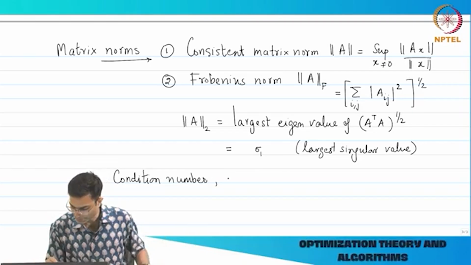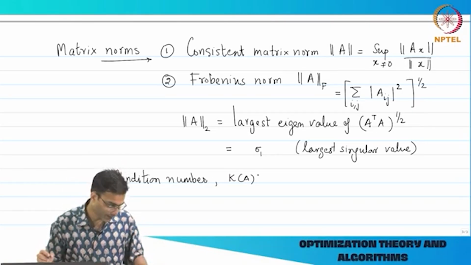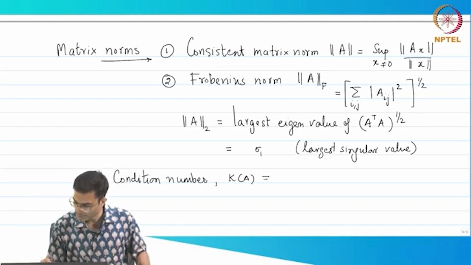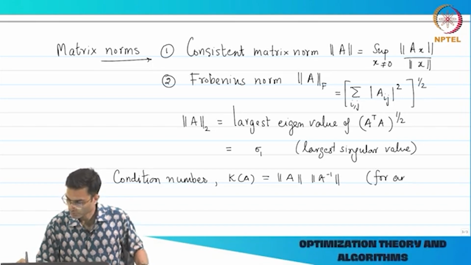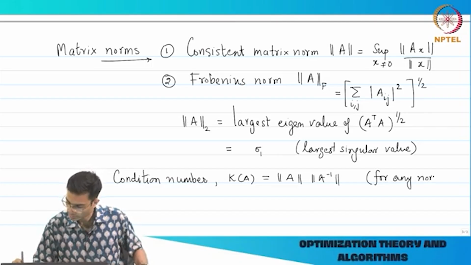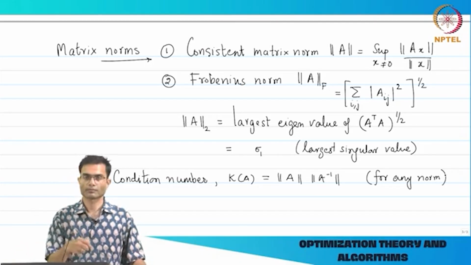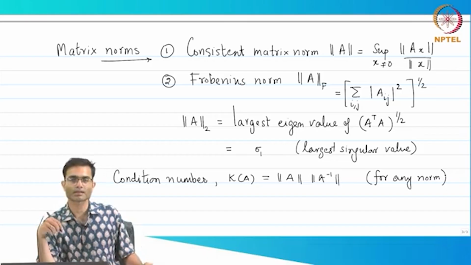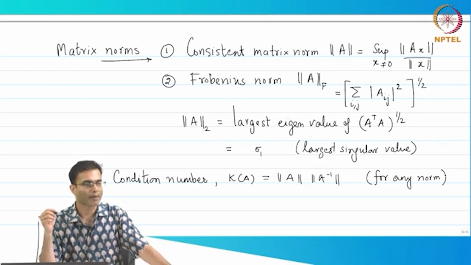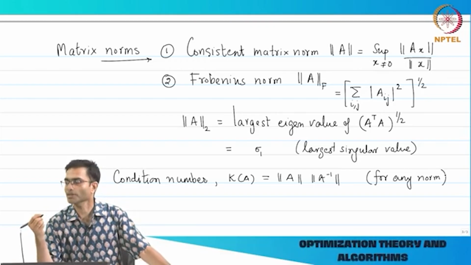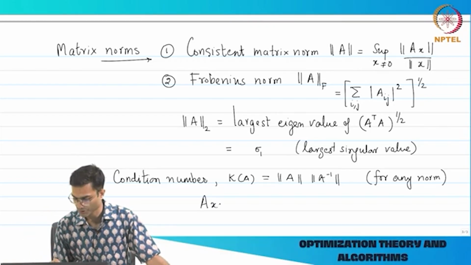Right now, it might seem a little abstract, but this number is denoted by kappa, and this kappa is defined as the norm of A multiplied by the norm of A inverse, for any norm. Right now it just looks like a strange definition, but it is telling you how much. For example, let me just give you an intuitive idea.